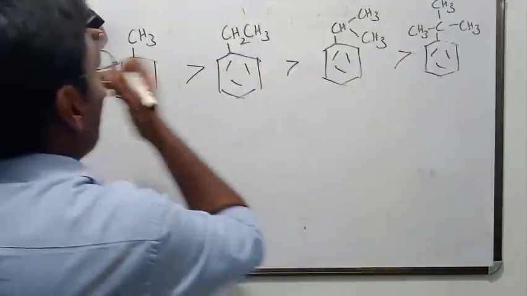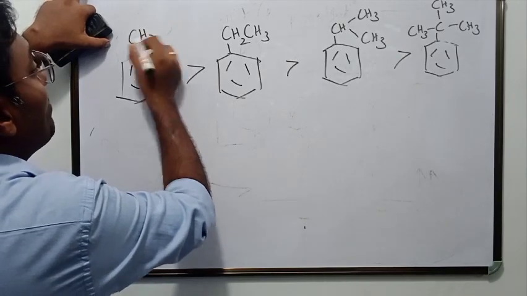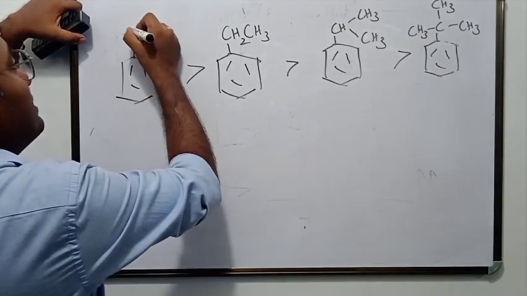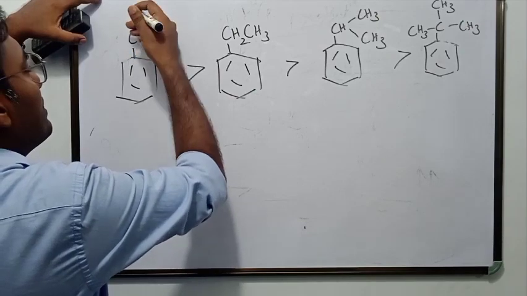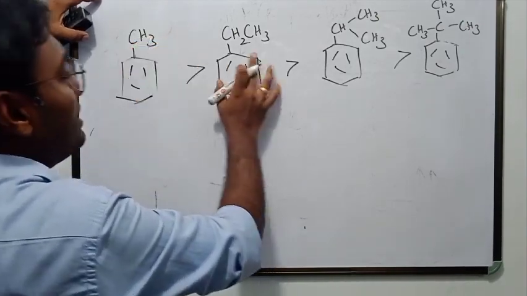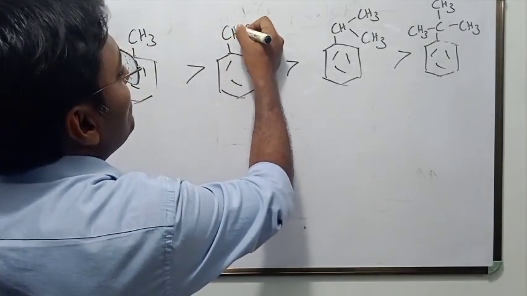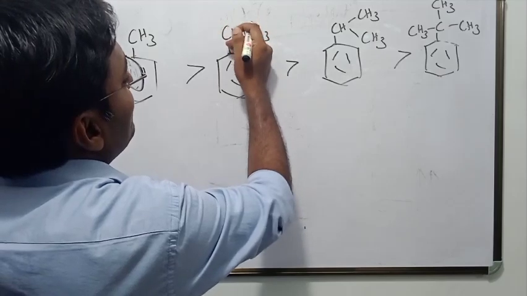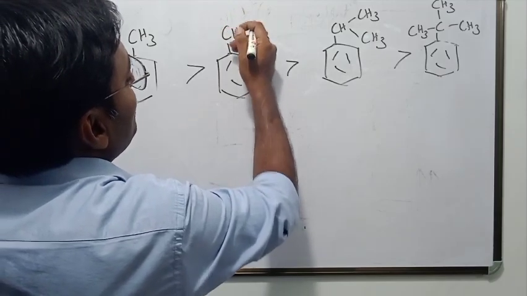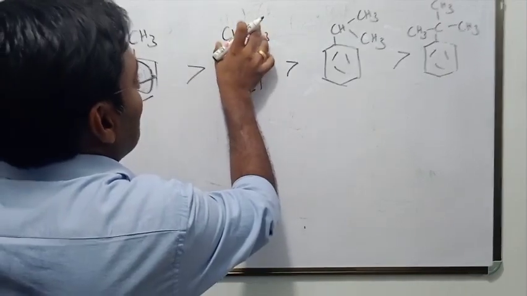Why? Because here there are 3 alpha hydrogen atoms available for hyperconjugation, plus it is having a pumping effect. So both these effects are here. Here the pumping effect is there, but only 2 alpha hydrogen atoms are possible. So the donation of hyperconjugation towards the electron density increase is lesser than this.